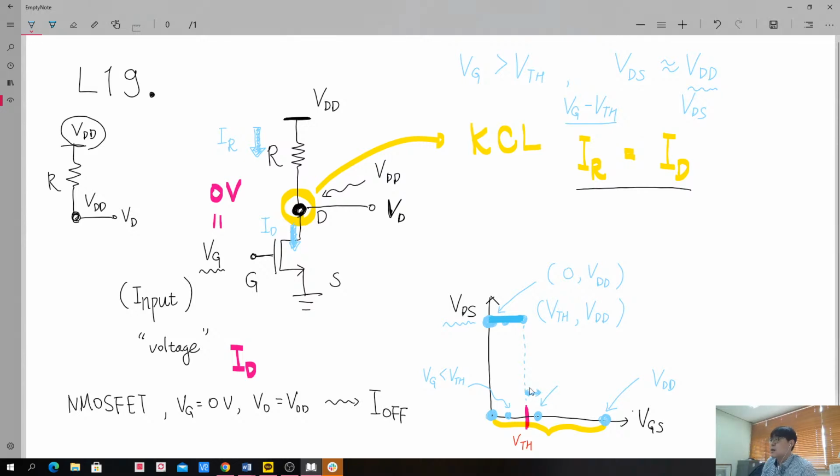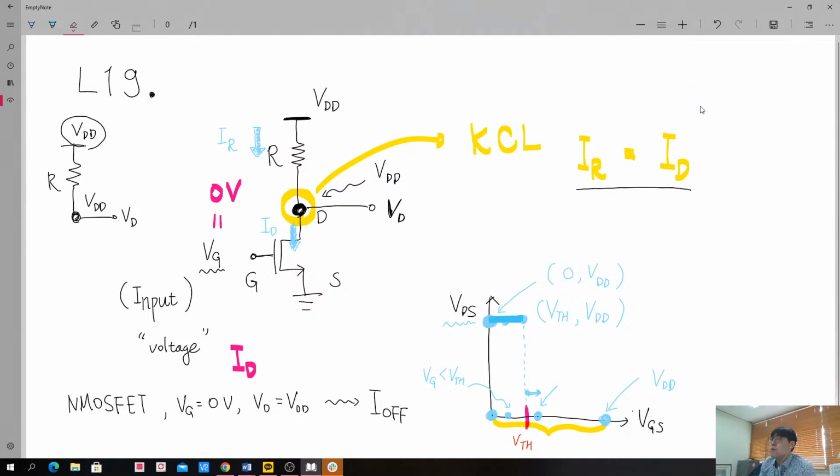So now we can certainly say that at the beginning of our curve beyond the threshold voltage, it is guaranteed that our transistor is operated in the saturation region.